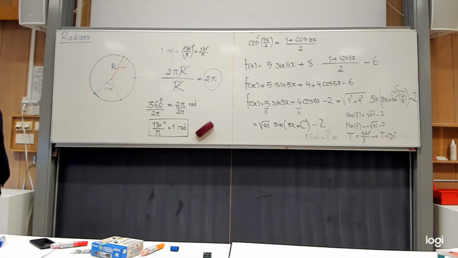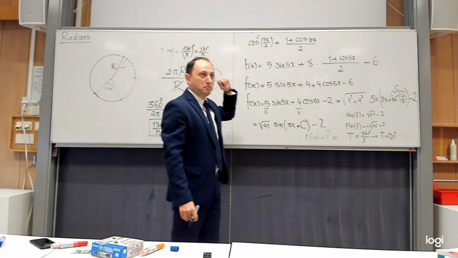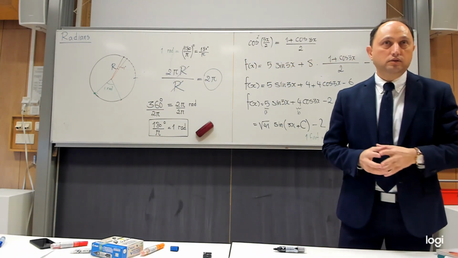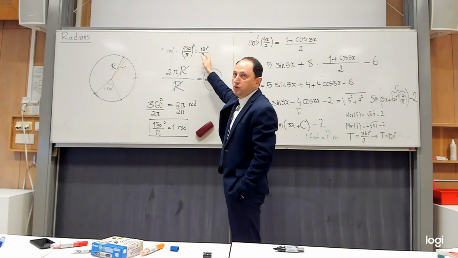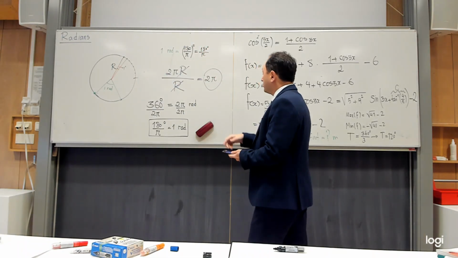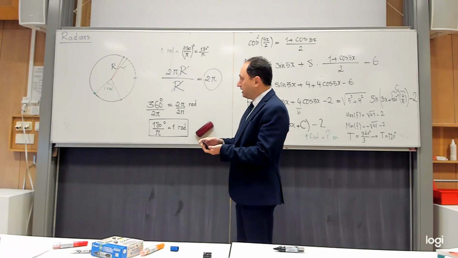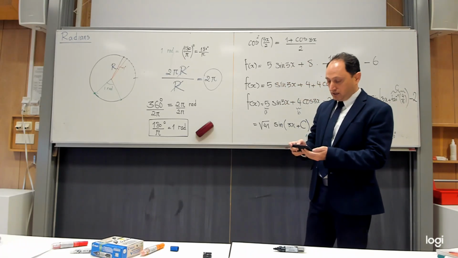But if you want to get a feeling, this is not a very sensible number. If I want to get a feeling how big a radian is, what should I do? I need to divide 180 by which number? 3.14 or something. So let us just do that. I want to work with the exact formulas all the time, but if I want to have a feeling, I remember, it should be around 57 degrees or something. Yes, is that right? Yes.